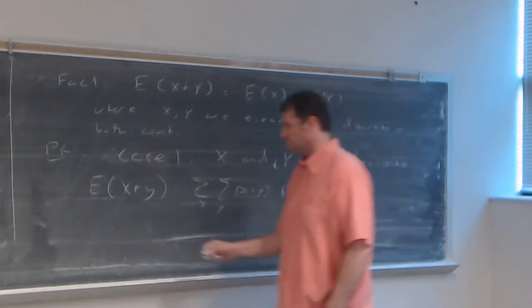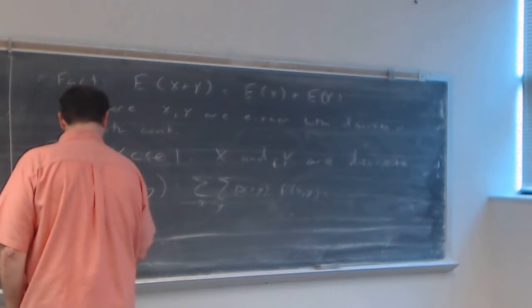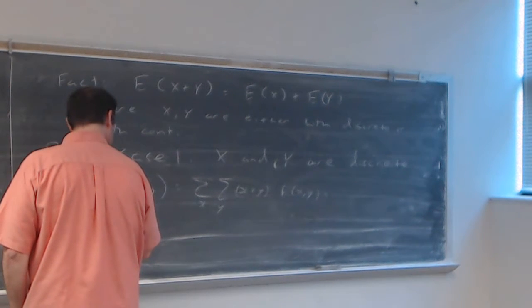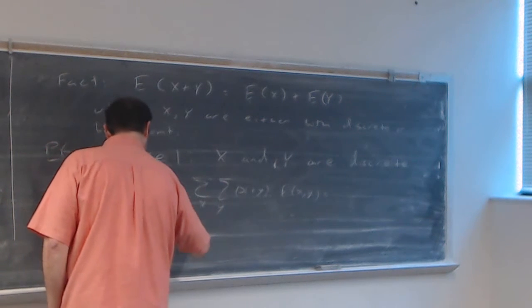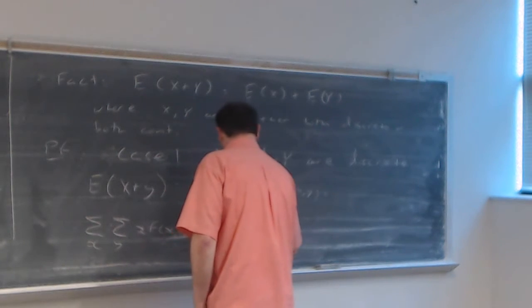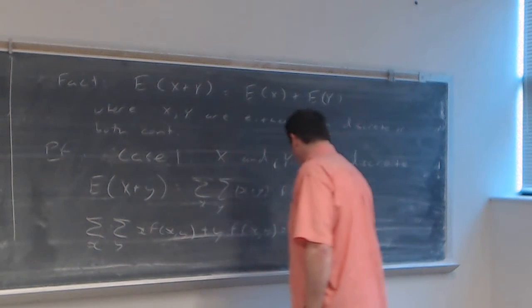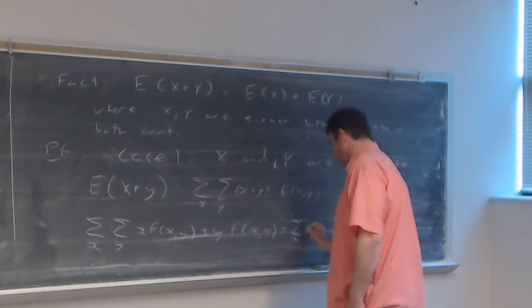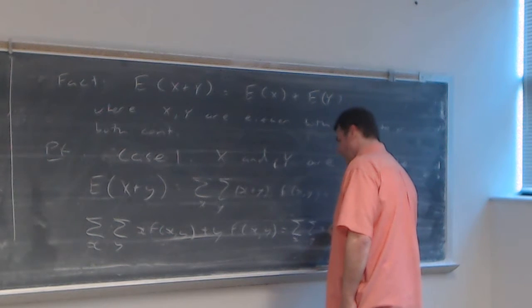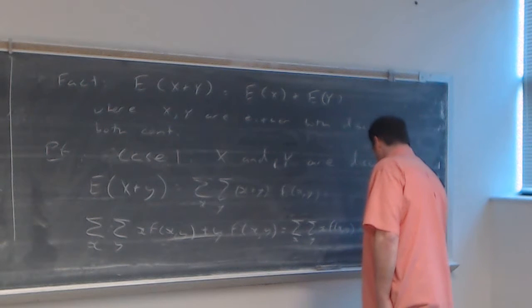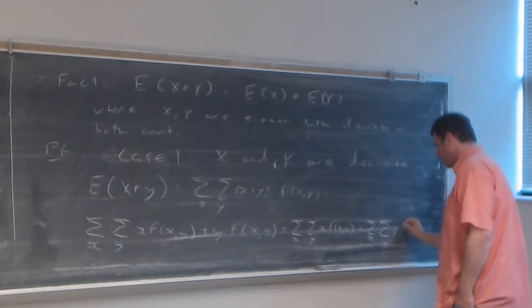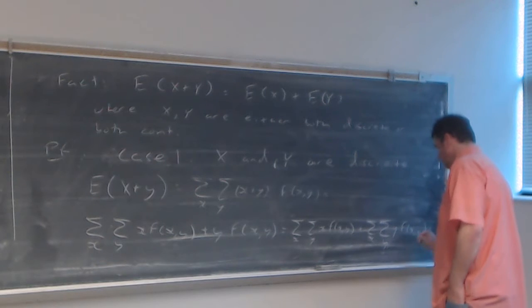This is equal to the sum over all x's, sum over all y's. If I distribute that joint PMF, I get x times f of x comma y plus y times f of x comma y, which I'll rewrite as two double sums: the sum over the x's, sum over the y's of x f of x comma y, plus the sum over the x's, sum over the y's of y times f of x comma y.